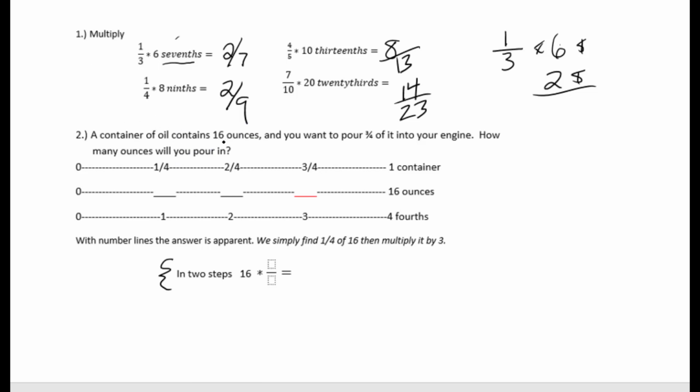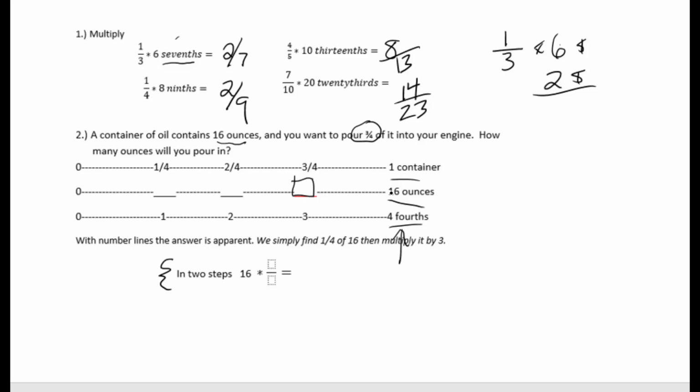This one says a container of oil is 16 ounces. So these are all equivalent: 16 ounces, 1 container, and 4/4. And you put 3/4 of it into your engine. So this is how much you put in, and we're trying to figure out how much that 3/4 is.